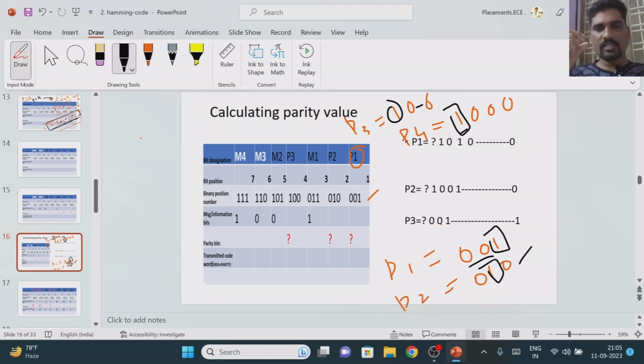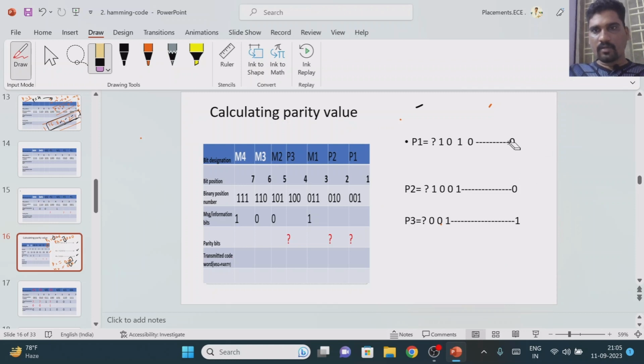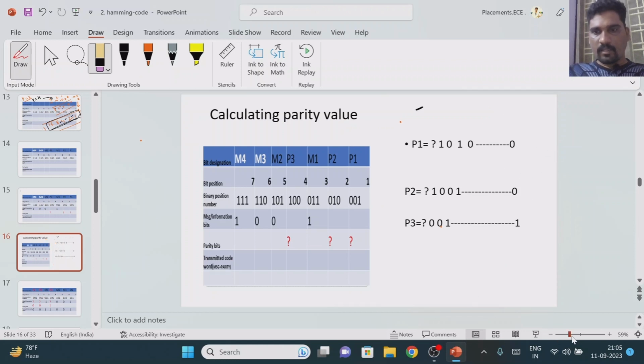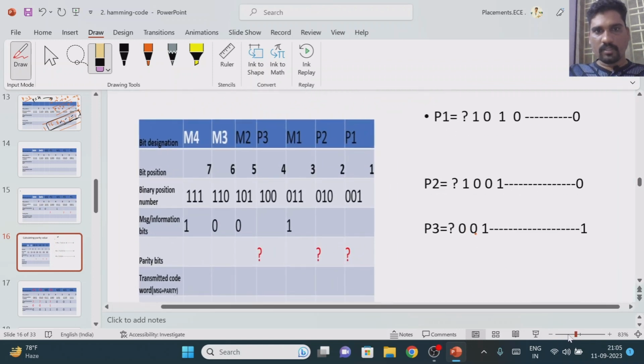Based on this logic we are going to identify the P1, P2, and P3 values. First we'll find P1, then P2, then the solution for P3.